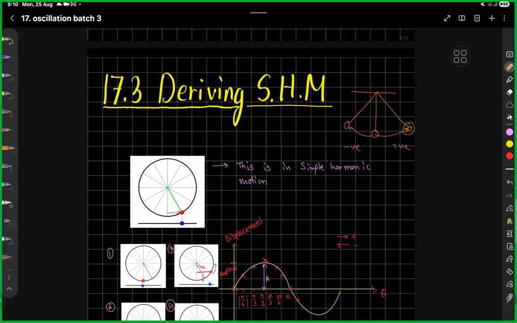If you have seen a pendulum clock at home, when it reaches the highest point, it stops instantaneously. Again, when it comes to this maximum displacement on the negative side, the left-hand side, it again momentarily stops.